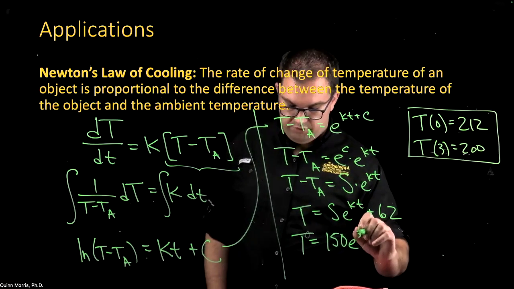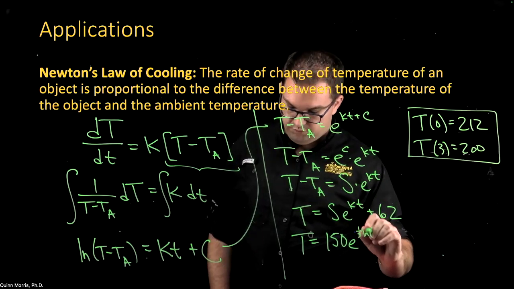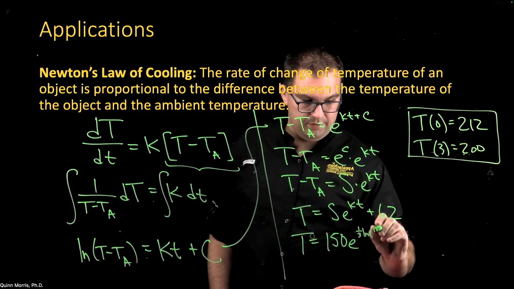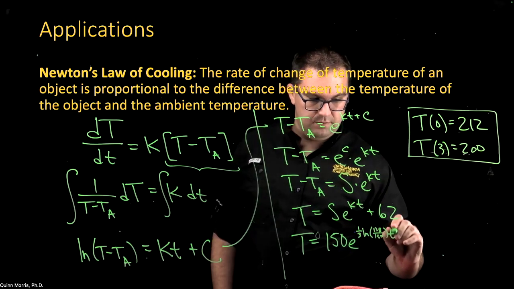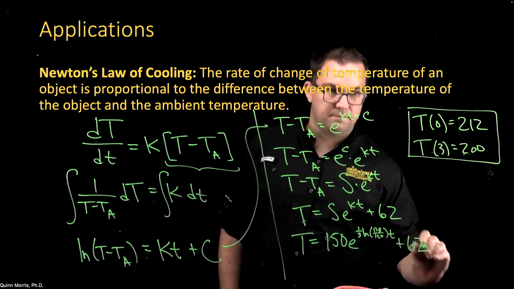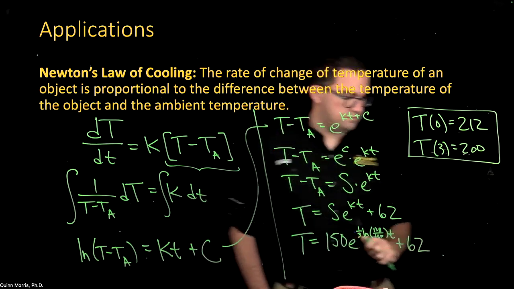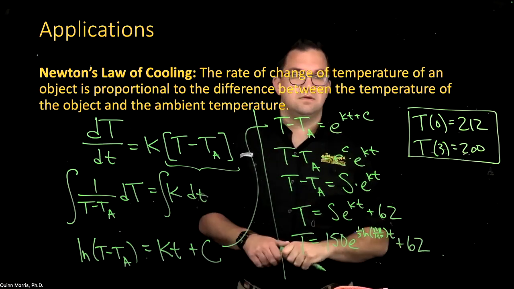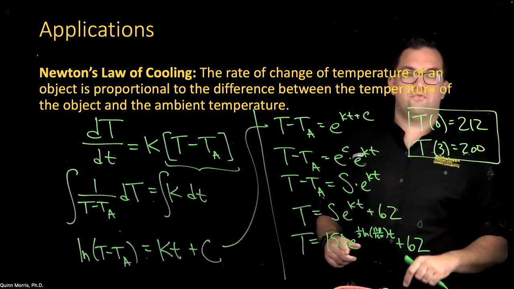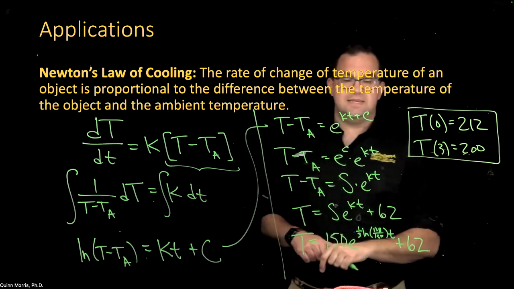K is 1/3 natural log of 138 over 150. And so I get that this is my model for the temperature at time t.